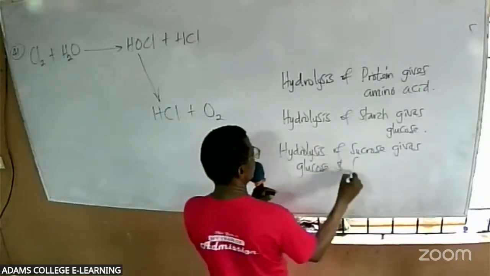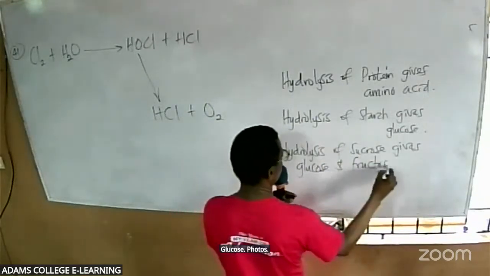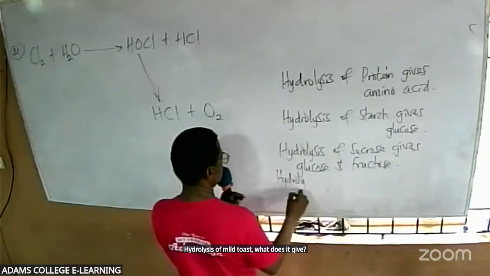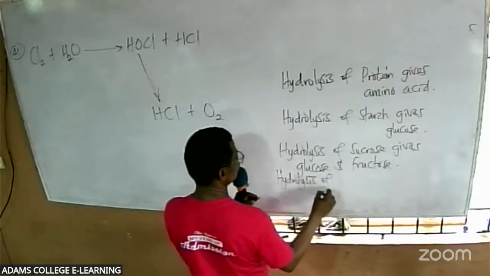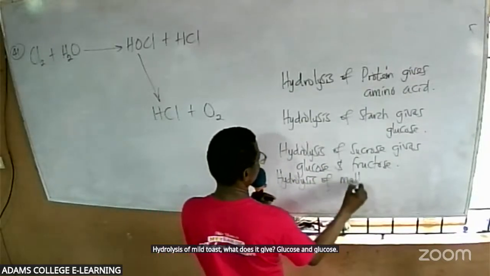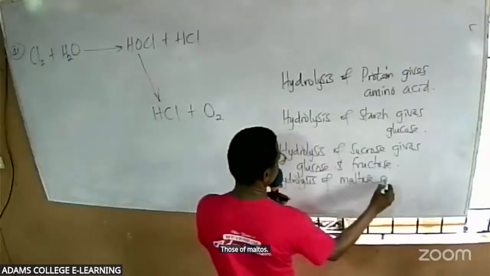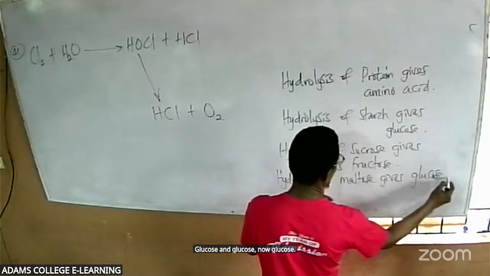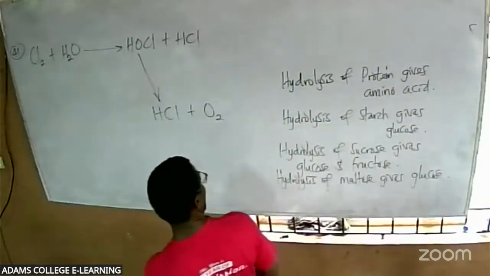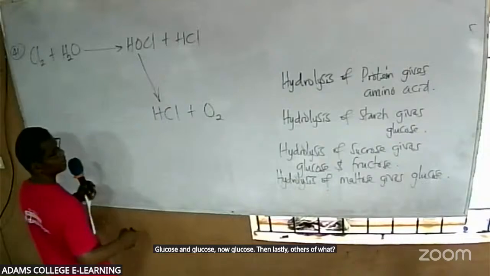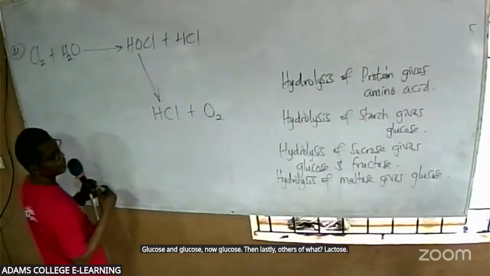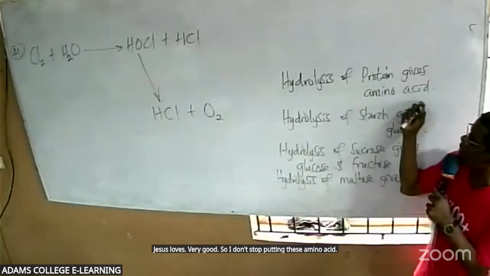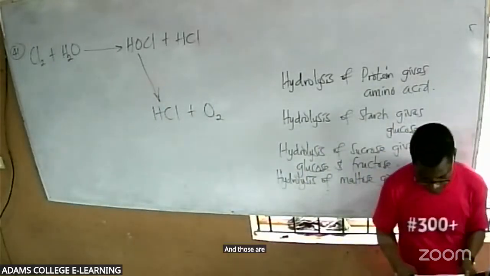Hydrolysis of maltose gives glucose and glucose. Then lastly, hydrolysis of lactose gives what? Very good. So hydrolysis of protein gives amino acid. Hydrolysis of starch gives glucose.